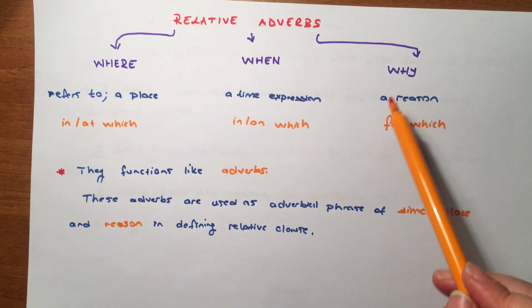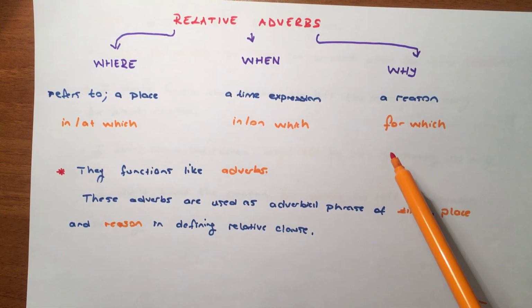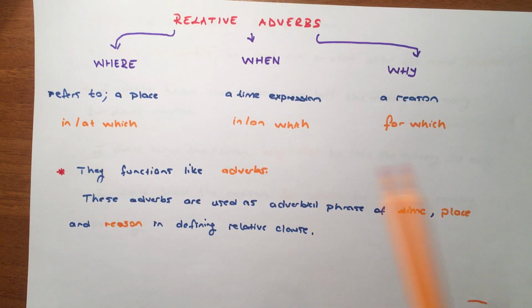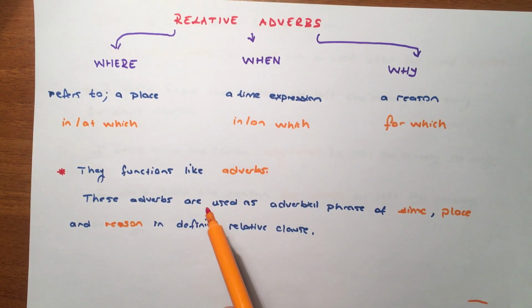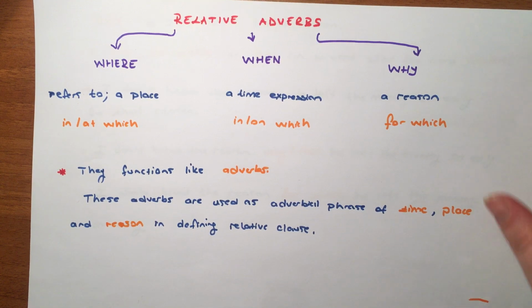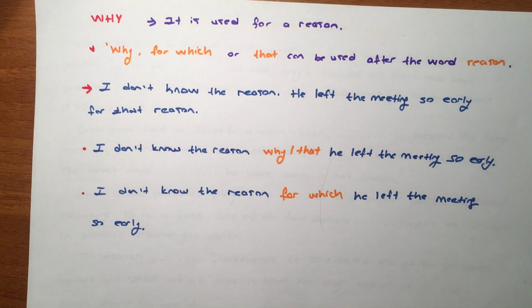And today we will learn why. Why is used for a reason, and instead of why you can use for which again. As we said before, they function like adverbs. These adverbs are used as adverbial phrases of time, place, and reason in defining relative clauses. Please don't forget it.